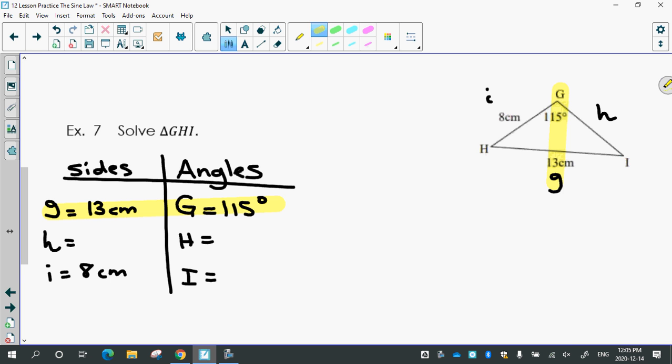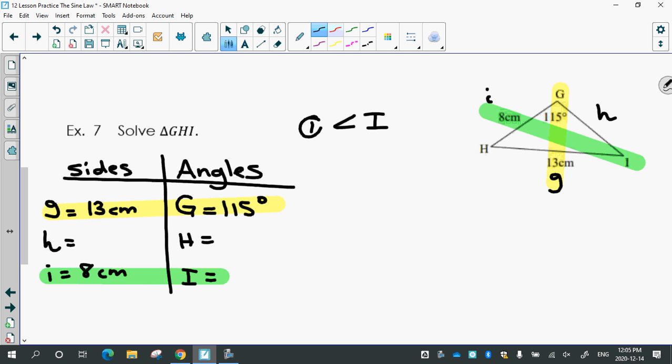Angle I, good, because I know that piece in the chart, I don't know that, and I know nothing about those. So I have to find angle I, because the only other piece of information I've been given is side little i. So I've been forced into finding angle I first.